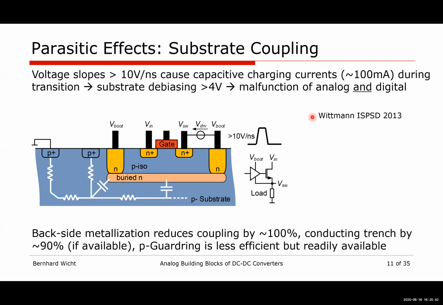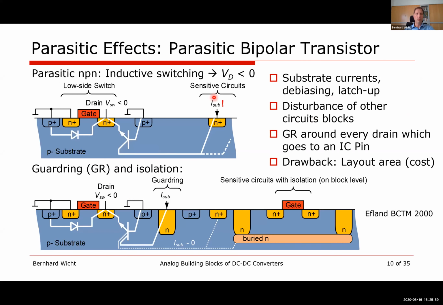Yeah. And the other part of your question is SOI. In fact, we also use SOI in some of the projects recently. And that's fantastic because, I forgot to mention, and it's good that you bring it up in the slide before, this bipolar effect goes completely away. Since we have every device locally, basically in such a buried oxide, locally isolated, it's more or less like we identified here.